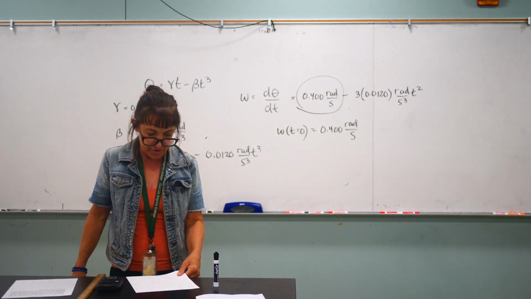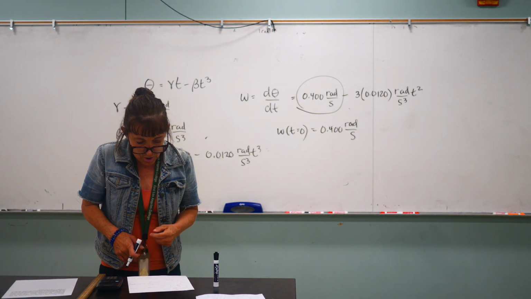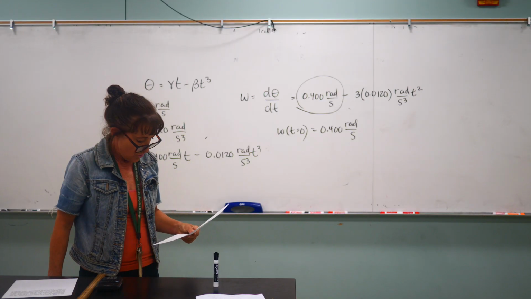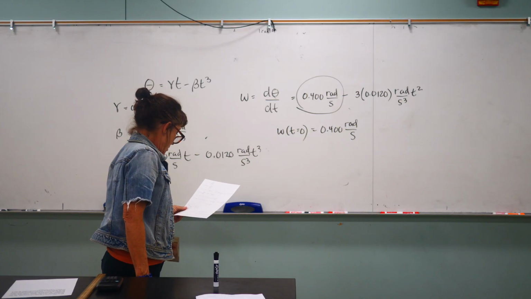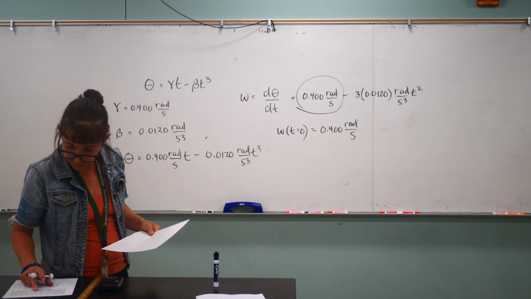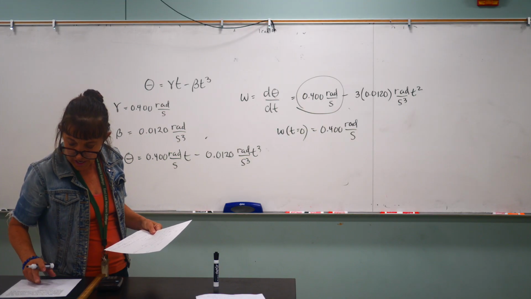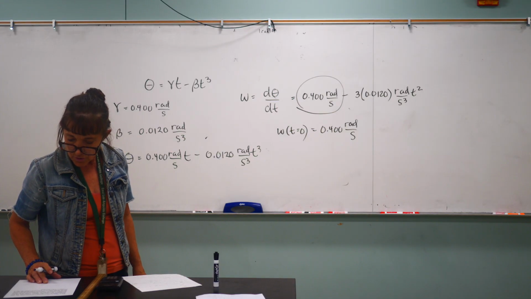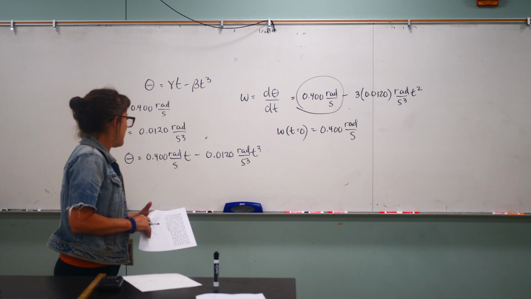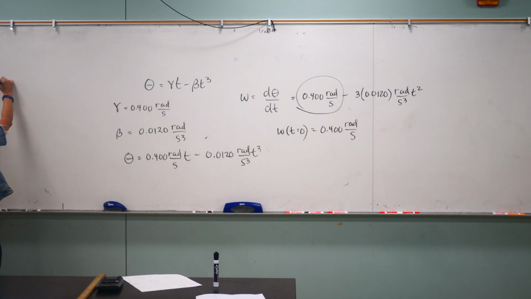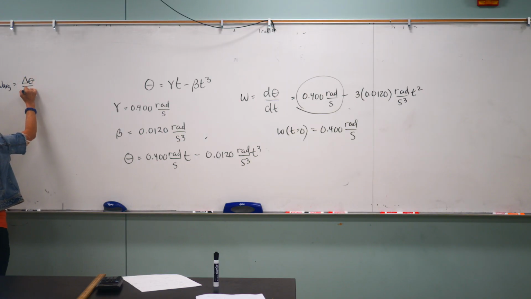Okay, the average. Omega average for the time interval 0 to 5. Omega average is delta theta over delta t.